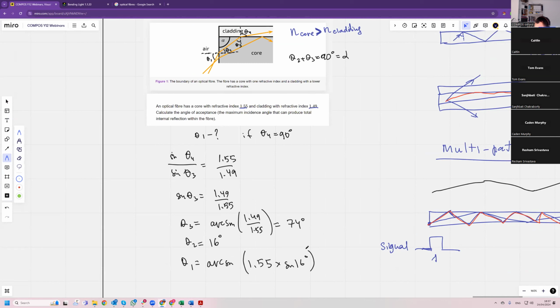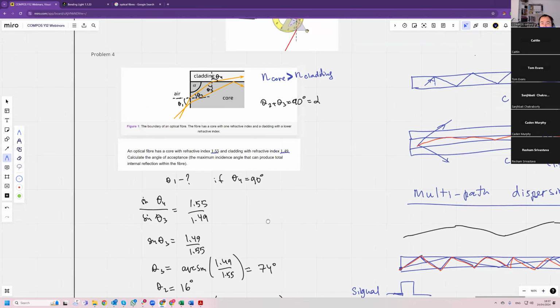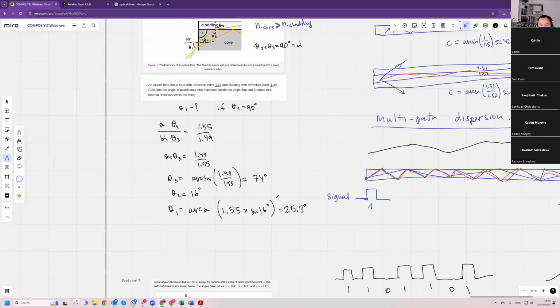So arc sine of 1.55 times sine 16, which is 25.3 degrees. So that's the maximum angle at which you can send.